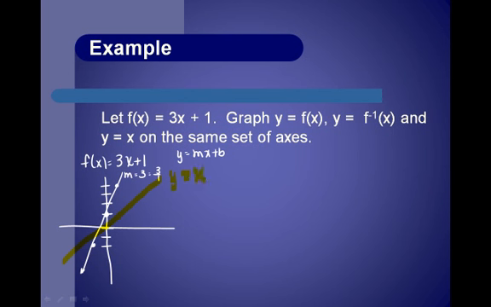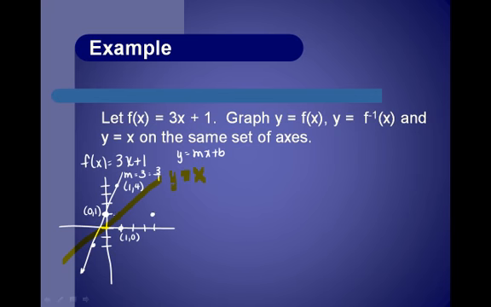So what should happen is, if this is the ordered pair over 0, up 1, then the inverse function would be over 1, up 0. And if this is the ordered pair over 1, up 4, then the f inverse would be over 4, up 1.